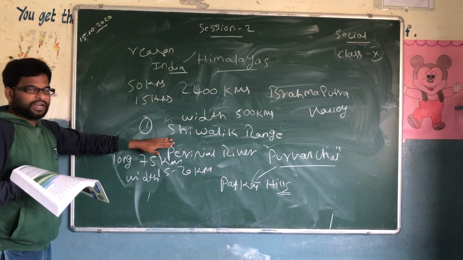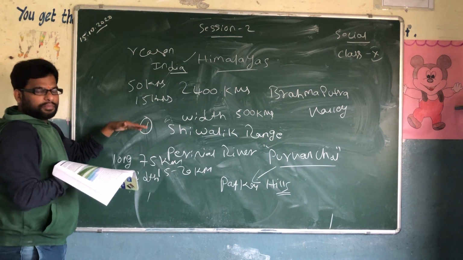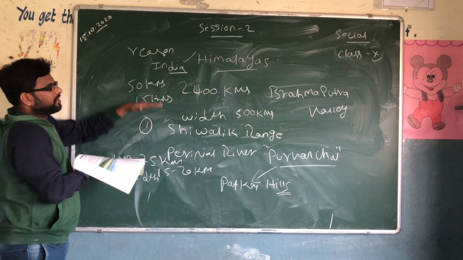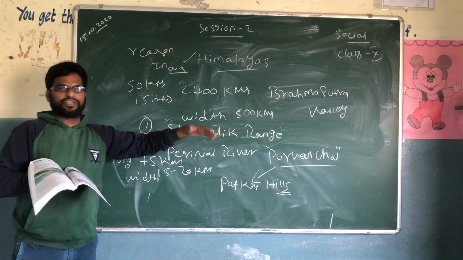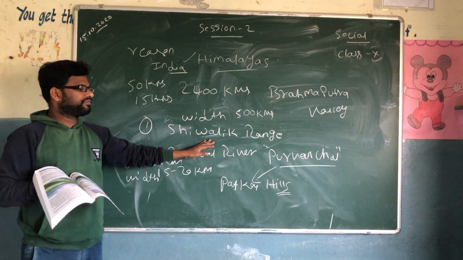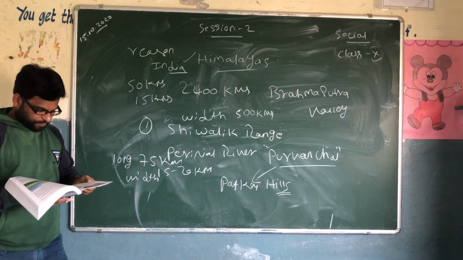This is what the Shivalik range does. It was formed in the last stage of the Himalayas. These are the advantages or disadvantages that we get from the Shivalik range.